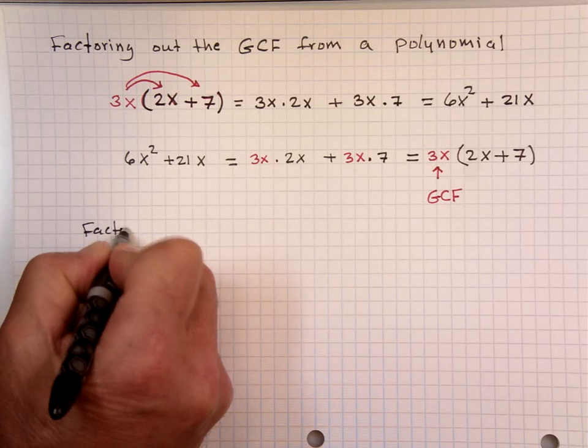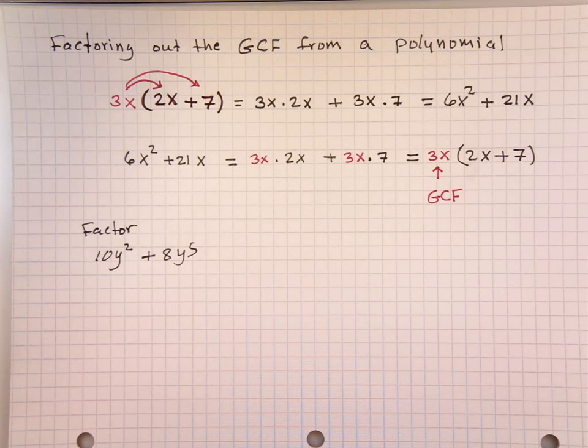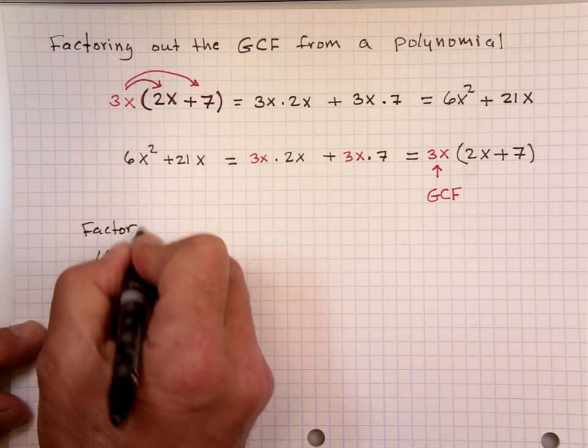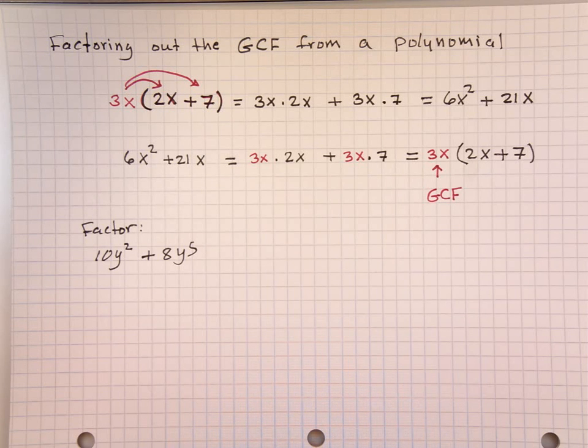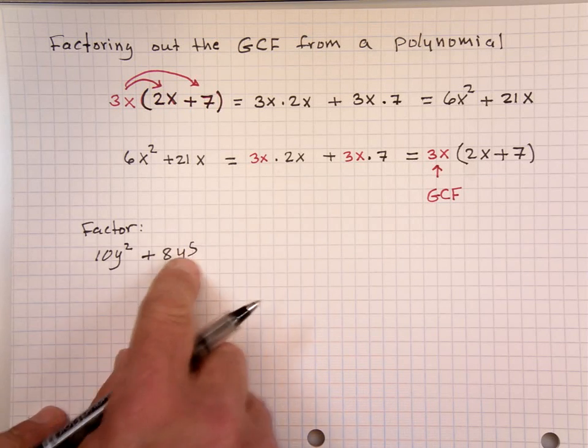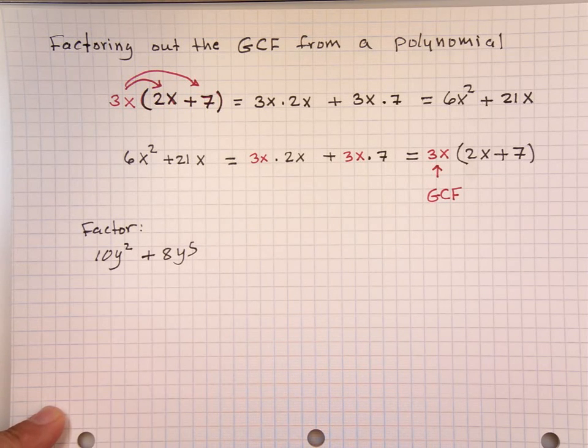And when we say factor, we mean factor completely. Meaning what? Find the greatest common factor, not any factor, the greatest one. This is 8y to the 5th, in case you can't read it. That's a 5 on the top, really. It's hard to read there.